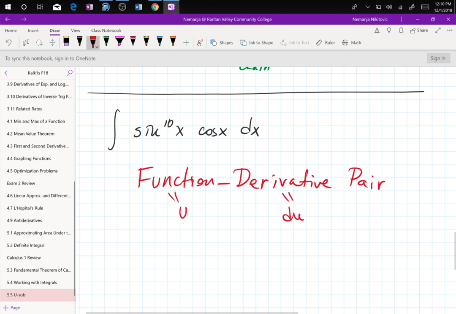Derivative will go to du eventually. So what is the function? What is the derivative?